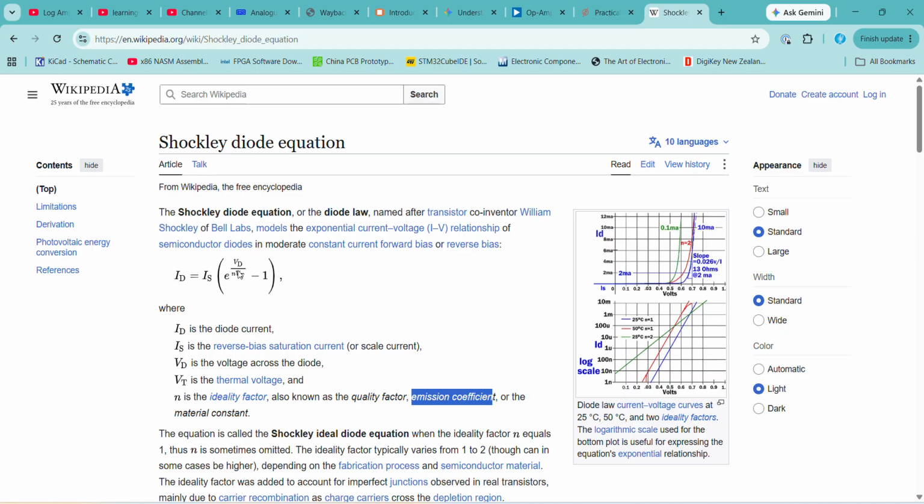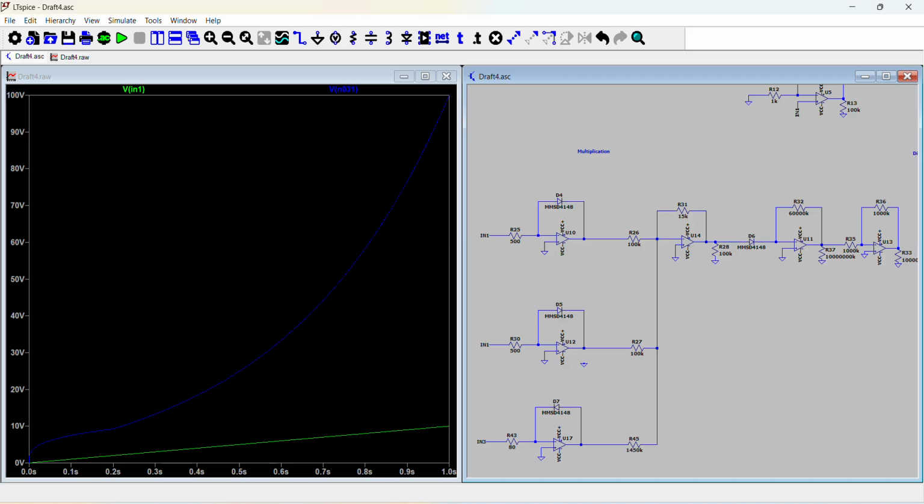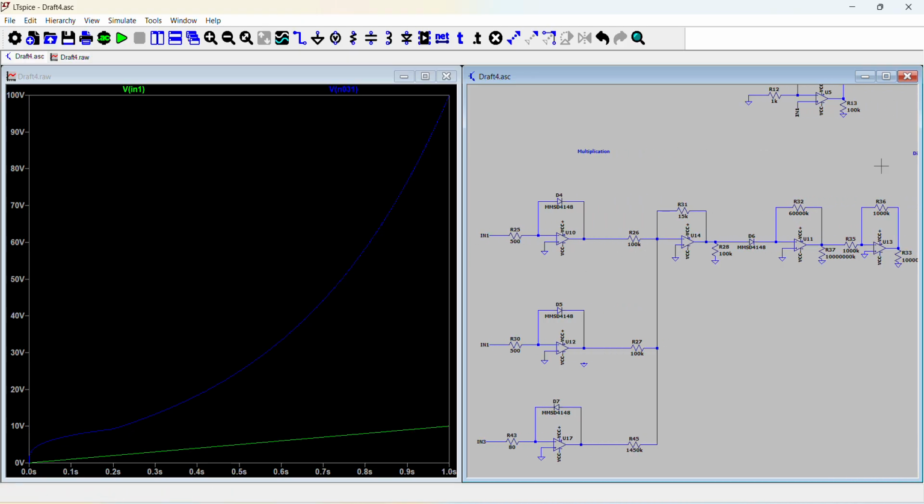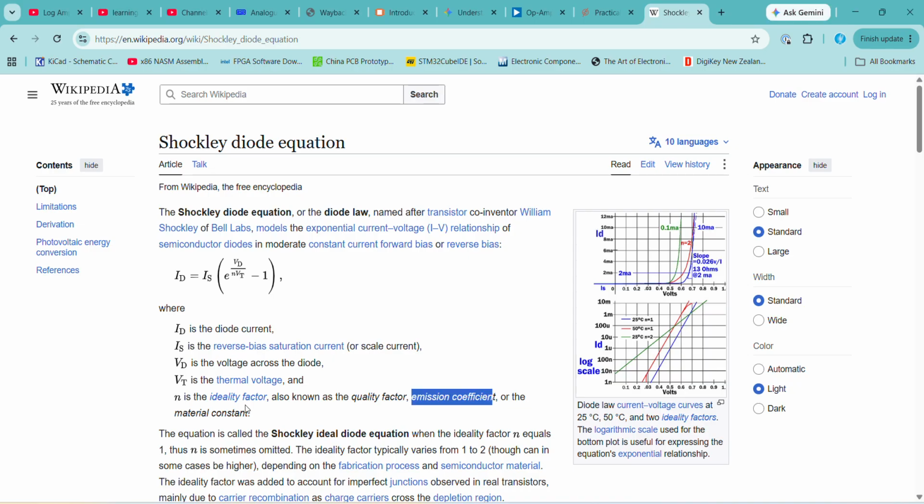There's this, divided by VT, there's this N, there's this IS. And even if you used all of the optimizations I talked about earlier, that's still going to cause problems because you can't optimize away a lot of this stuff. So VT, for example, you can't optimize away. IS, you got to compensate in a different way.